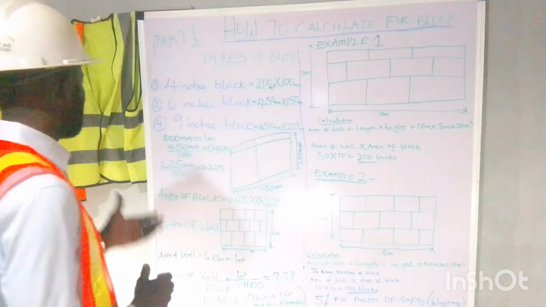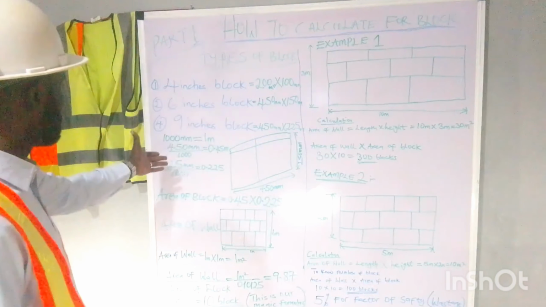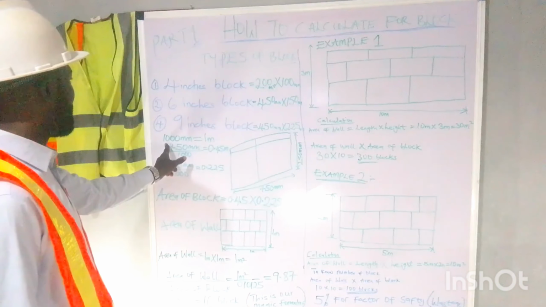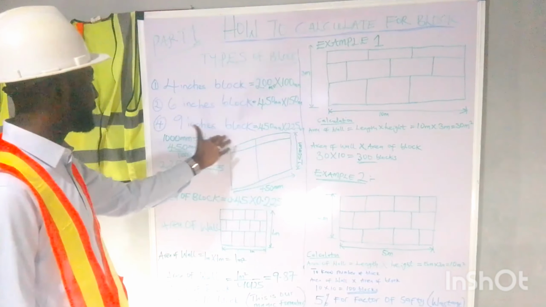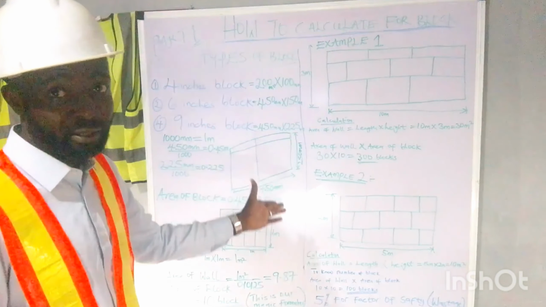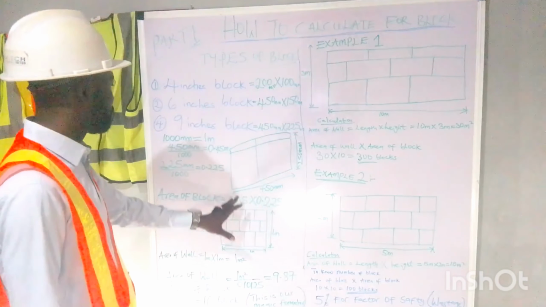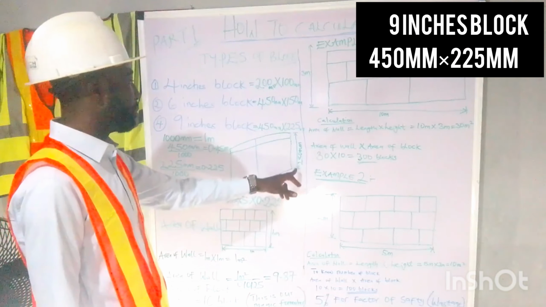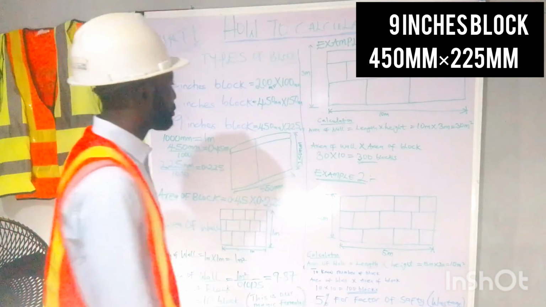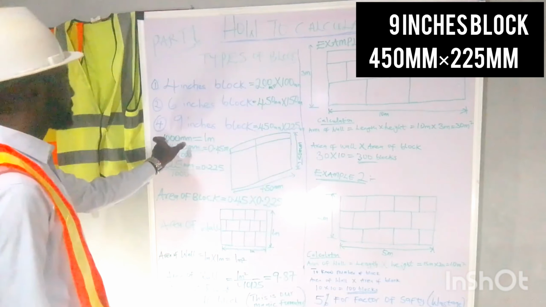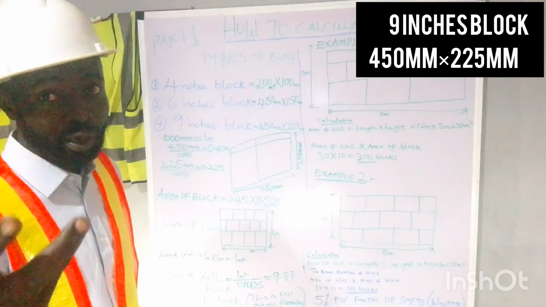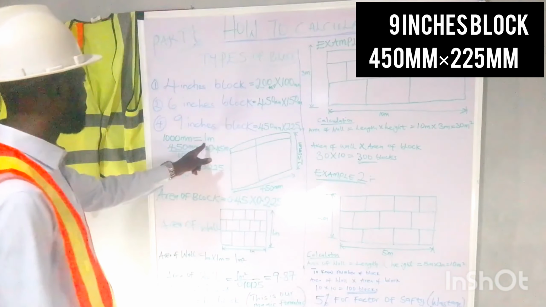The first thing we do when doing the calculation is to calculate the area of the block. We are using the 9 inches block as an example, which is 450 mm by 225 mm. We know that 1000 millimeters makes 1 meter.